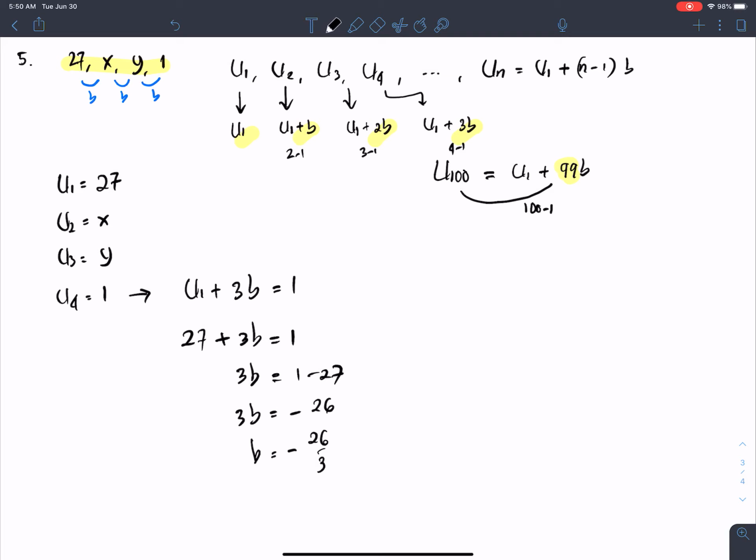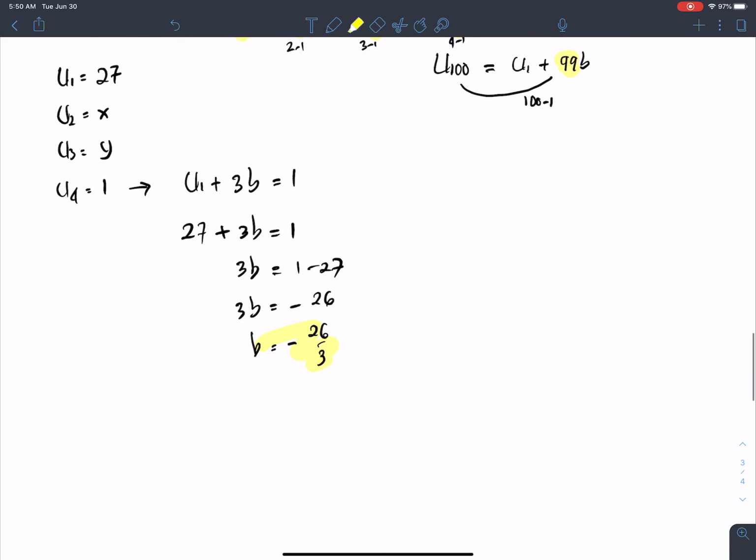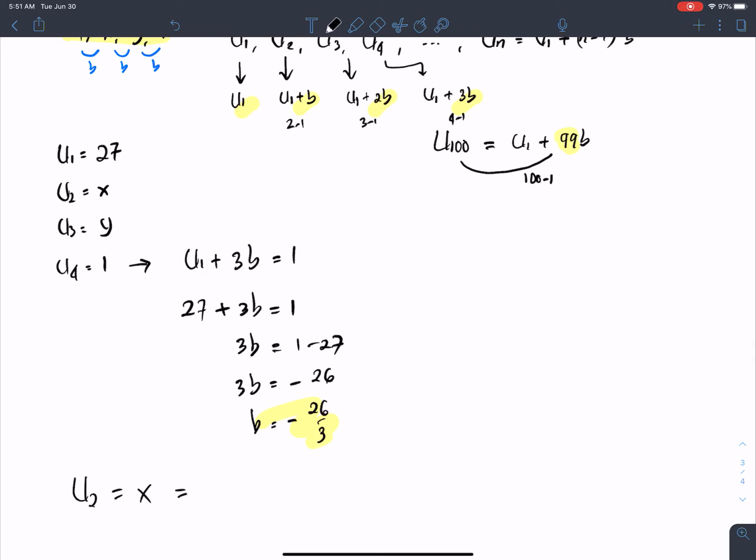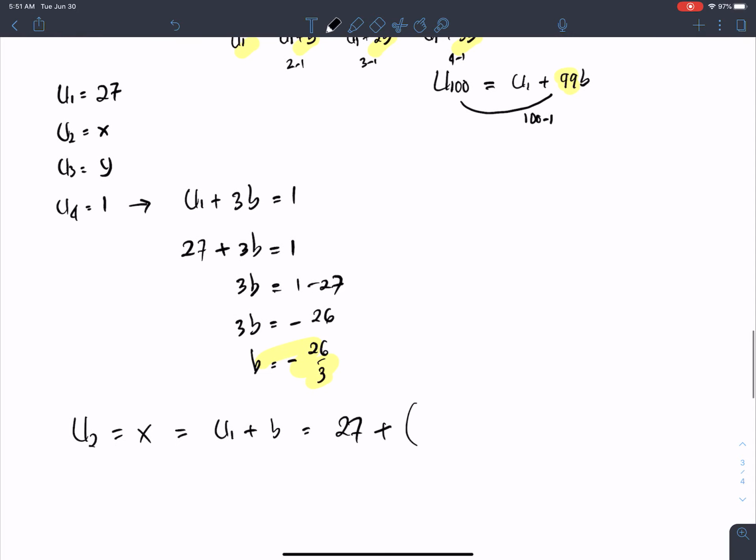It's not an integer, so let's just leave it as it is. With this, we can find x and y. So u2, which is x, is u1 plus b. u1 is 27 plus b, and b in this case is minus 26 over 3.